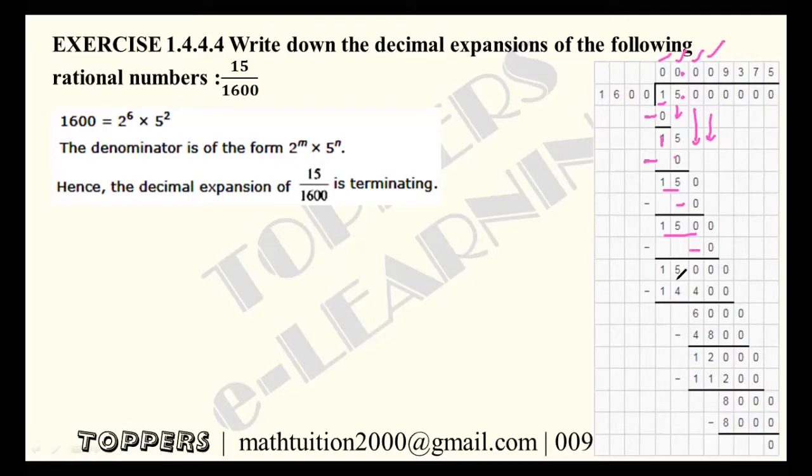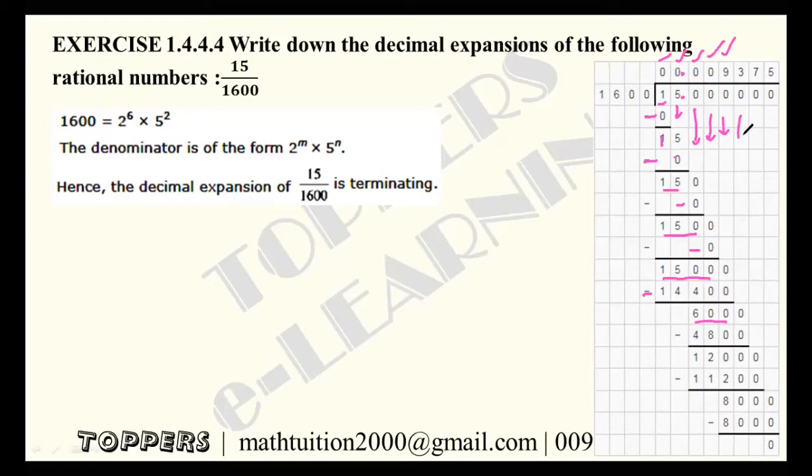Subtract, so 1500. Bring next 0 down. 15,000. In 15,000, it will go 9 times. 9 times 1600, we will get 14,400. On subtracting, we will get 600.